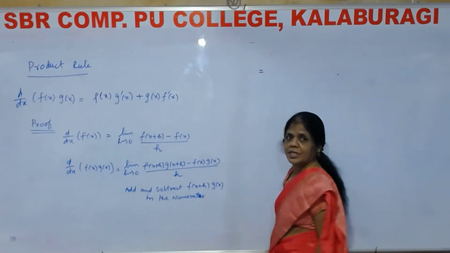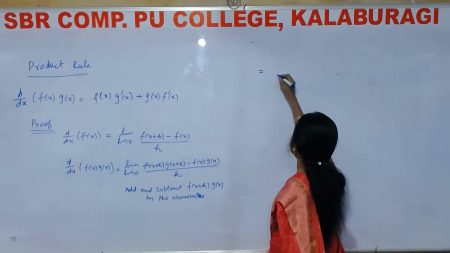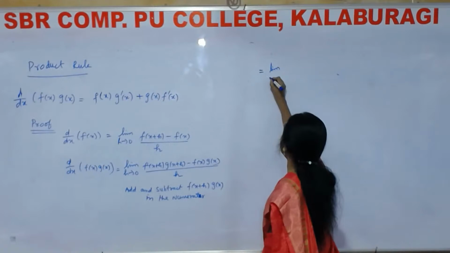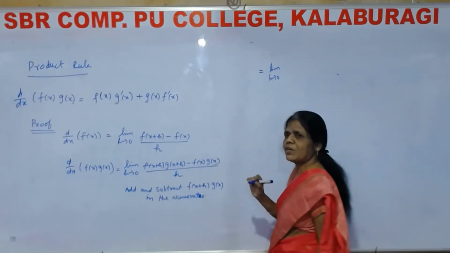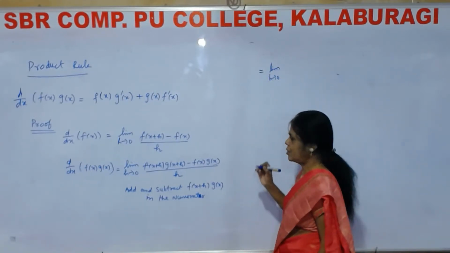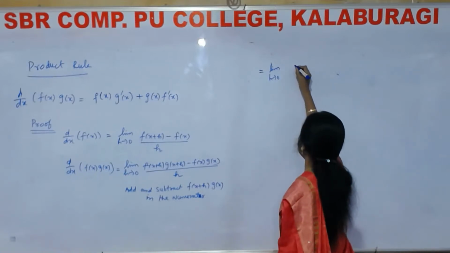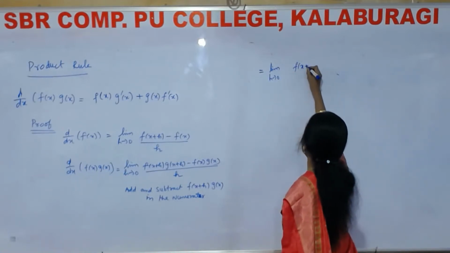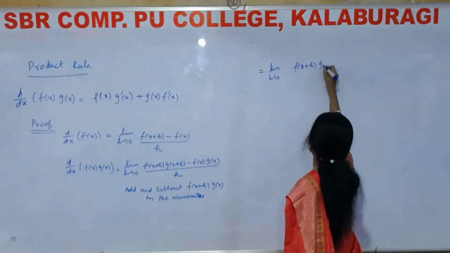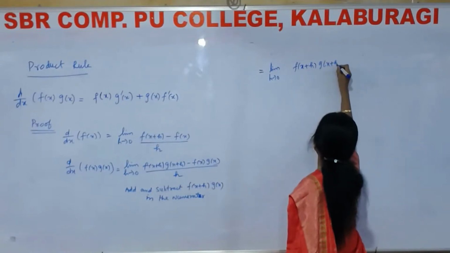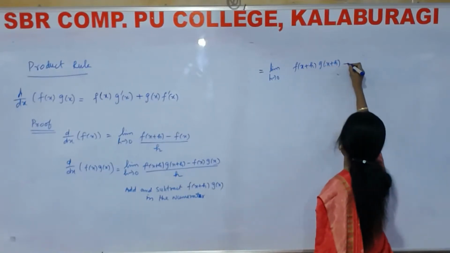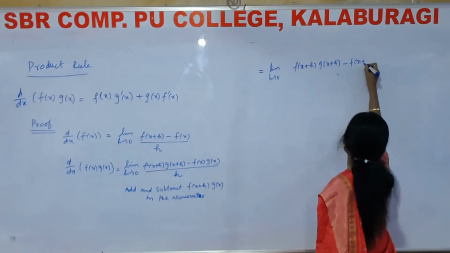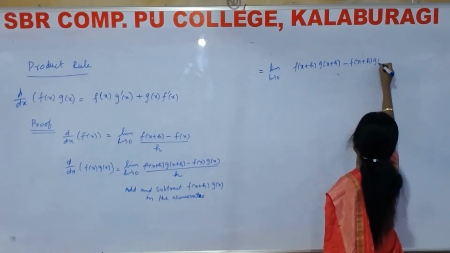Let me write this slowly. Limit h tends to 0. First I will subtract, then I will add. The first term we are writing as it is: f of x plus h, g of x plus h. Now I am going to subtract f of x plus h and g of x.